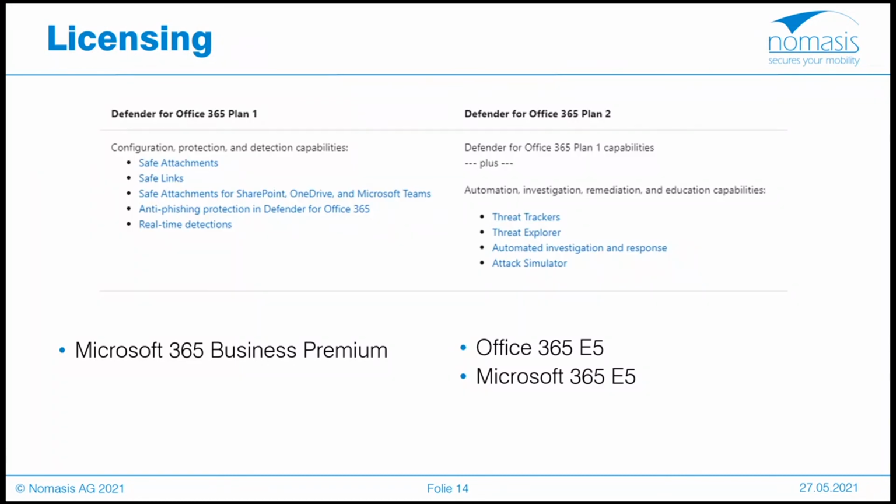Now, if you have a Microsoft 365 Business Premium license, you can already make use of the Defender for Office Plan 1. It brings a series of interesting functionalities, especially safe attachments and safe links, plus anti-phishing. It enables you basically to configure a basic baseline security for O365, which already protects better against the majority of threats nowadays.